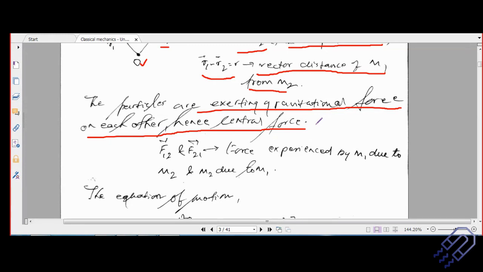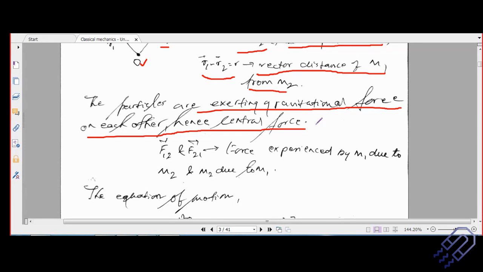Now you might ask, even if they are charged, why are we not considering the gravitational force? When you have a clear idea of the types of forces we have in nature, we have the electrostatic force, the gravitational force, the nuclear force, and the weak force. Nuclear force is very strong. Gravitational force is weak.